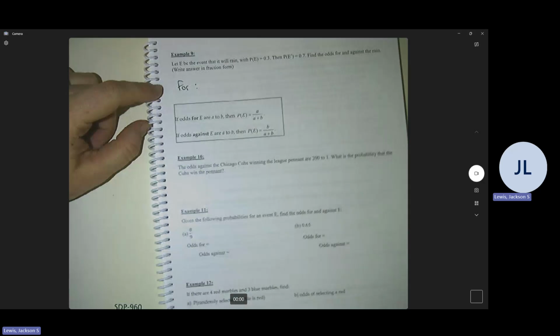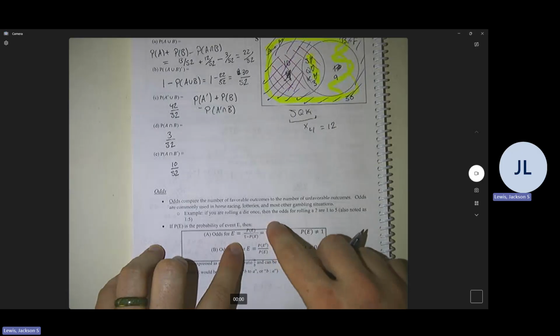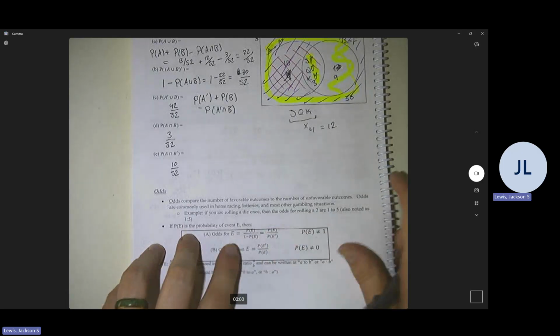For example, let E be the event that it will rain with the probability that it won't rain being 0.75. And it says find the odds for and against the rain. For, right, remember that in favor of was you put whatever you want on top.